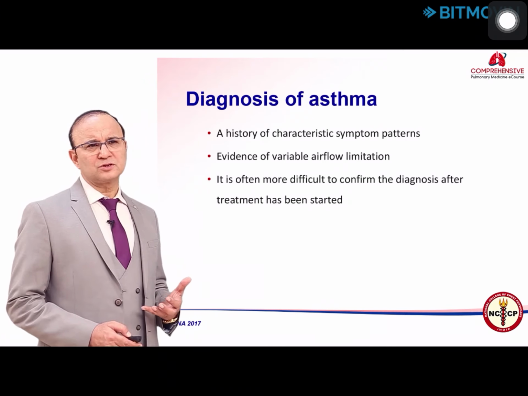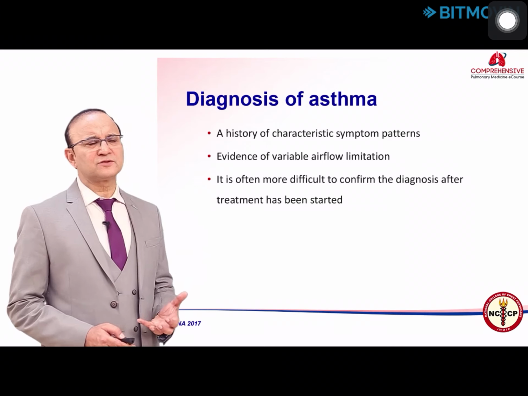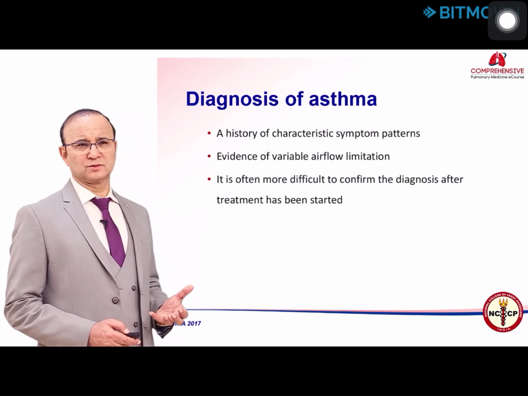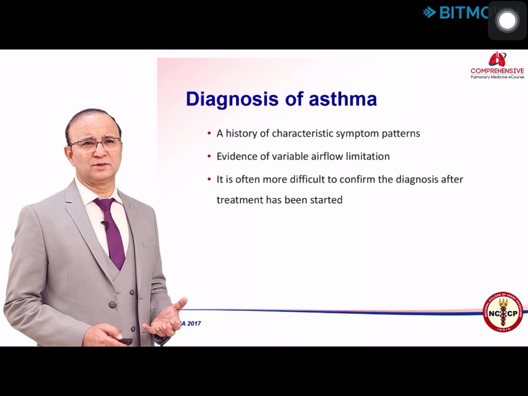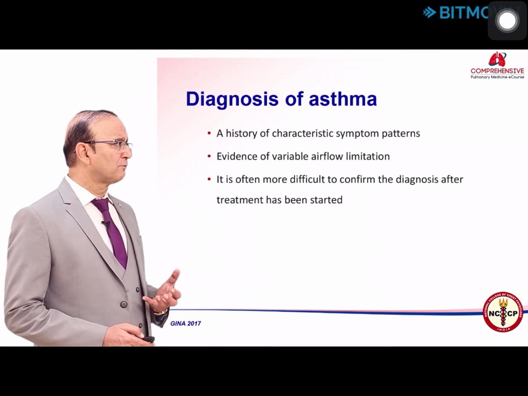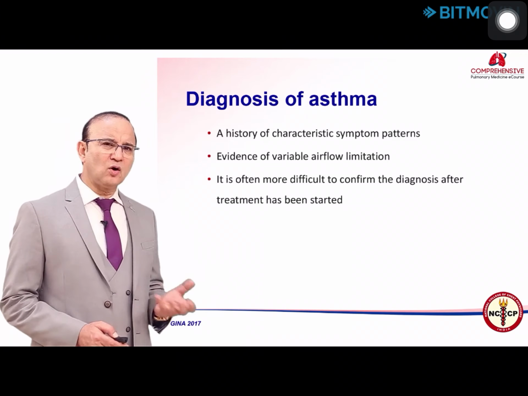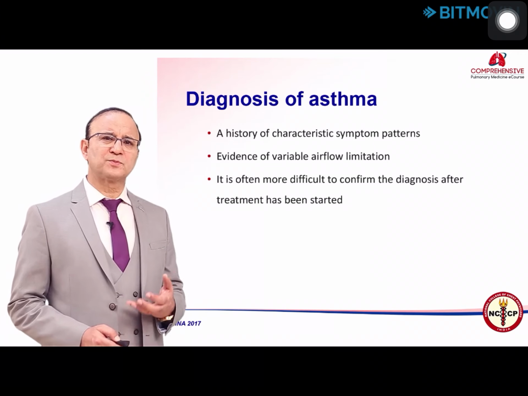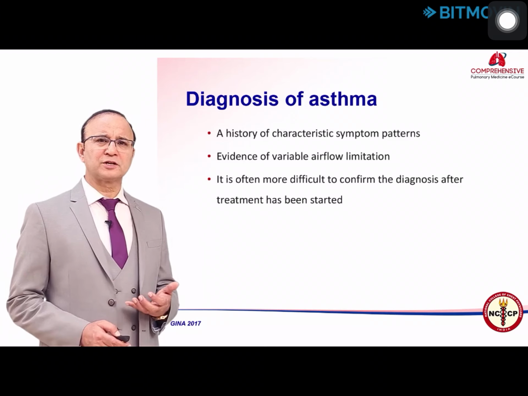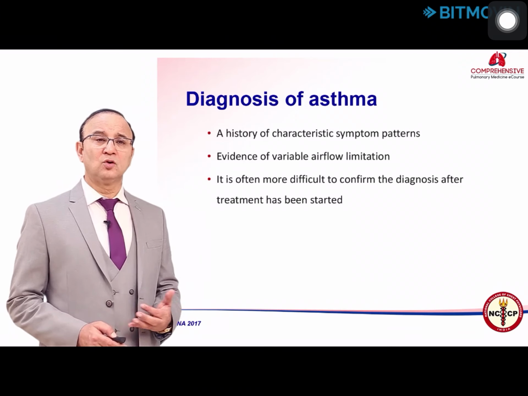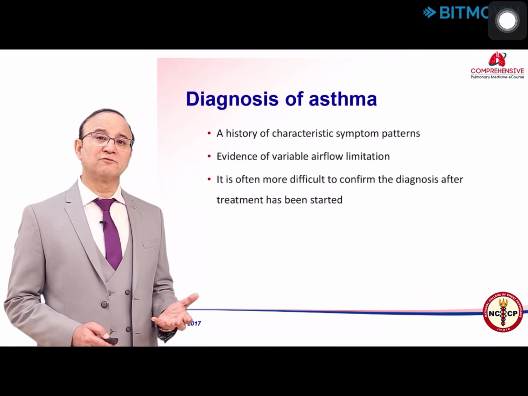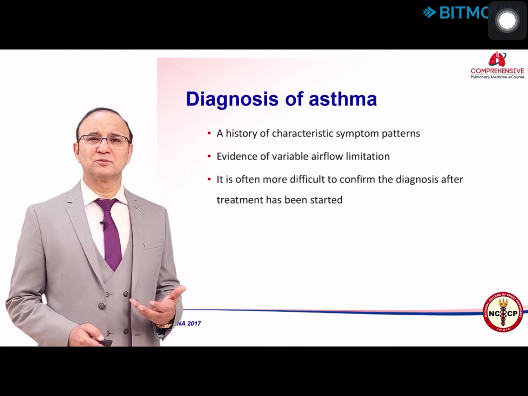And sometimes you need evidence from the patient's notes, who has been seen earlier by somebody or by you, preferably before starting the controller medications. It's often difficult to diagnose asthma once the patient is on treatment, because the patient may not have much symptoms or may have some symptoms and his lung function study may show absolutely normal spirometry.